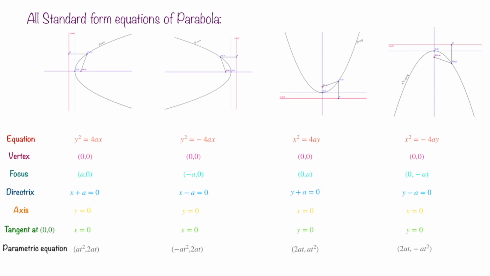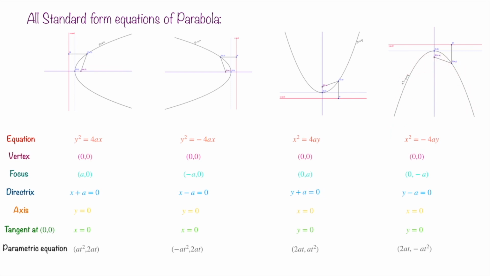As you can see, this y square equal to 4ax parabola opens right side, y square equal to minus 4ax parabola opens left side, x square equal to 4ay parabola opens upward, and x square equal to minus 4ay parabola opens downward.